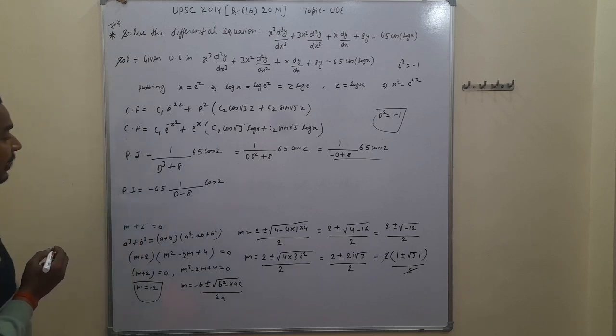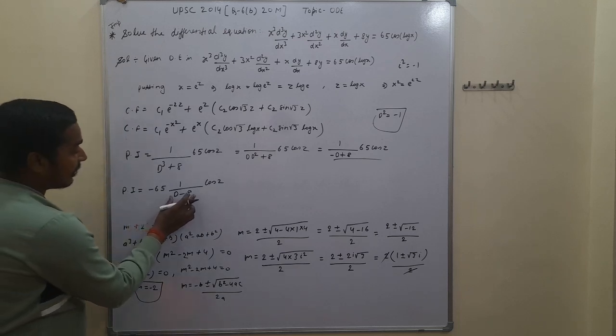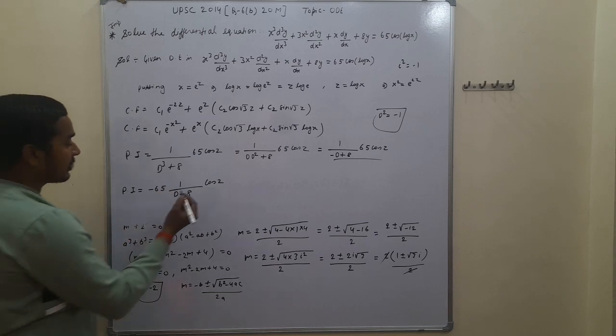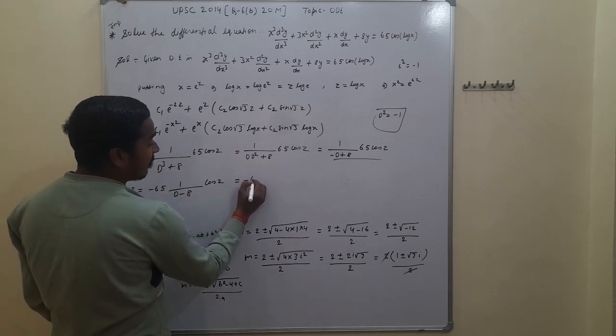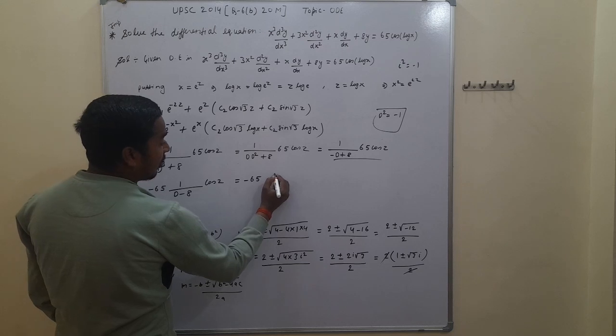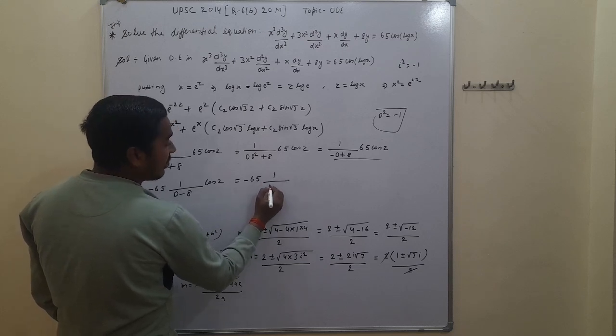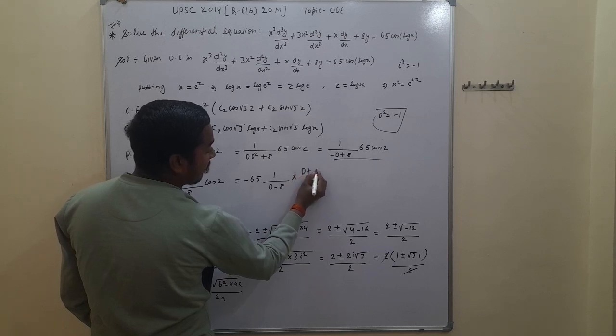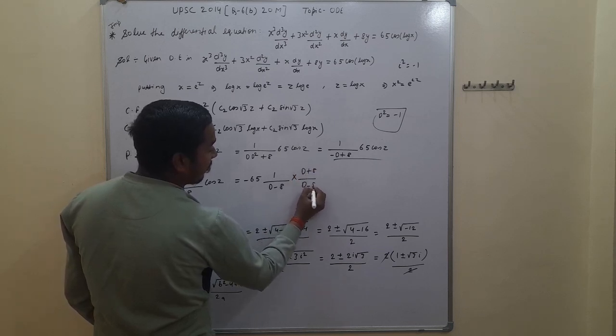And further from here we have to rationalize. 1 upon (d minus 8) is rationalized. This is given by minus 65 into 1 upon (d minus 8), rationalizing by d plus 8 into d minus 8.